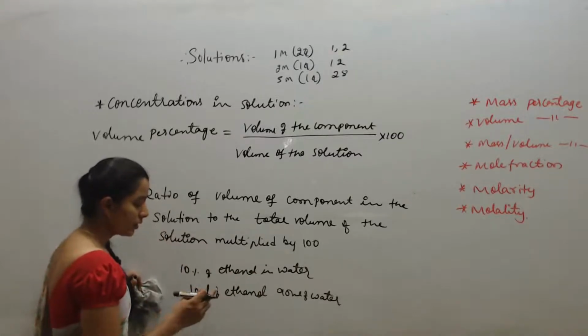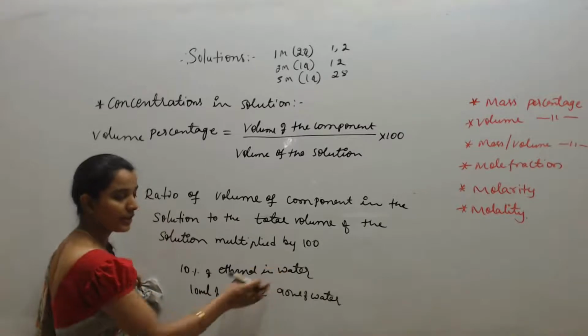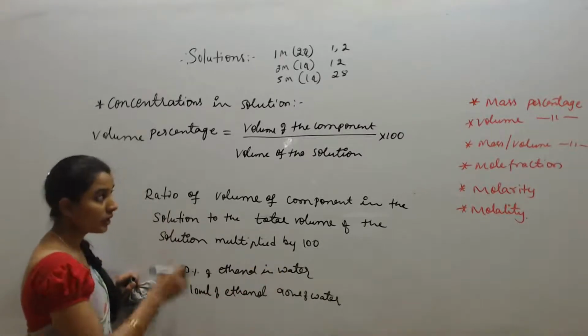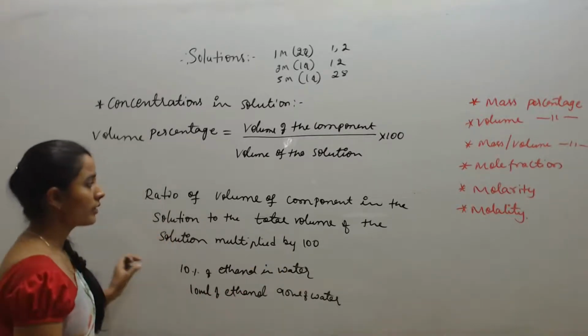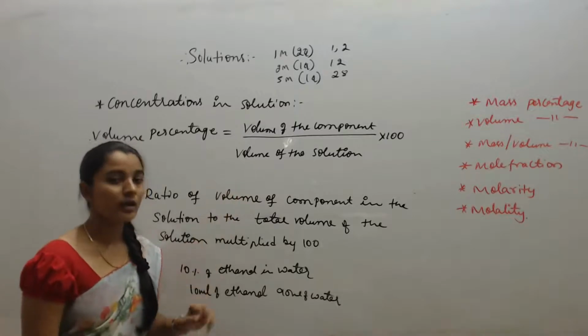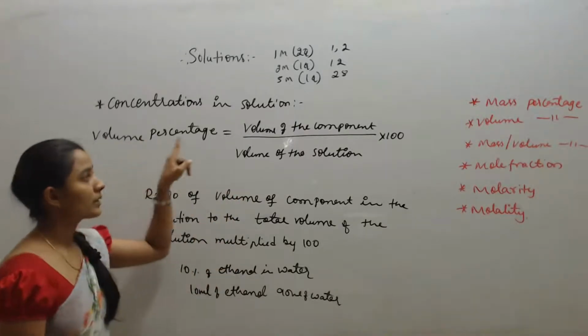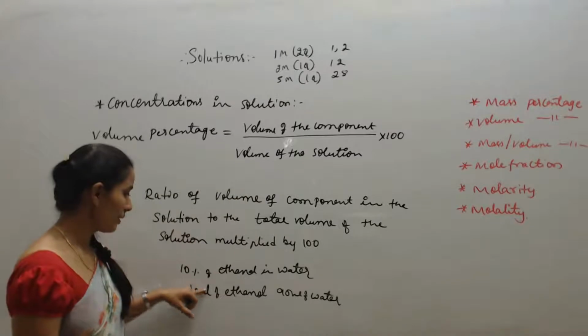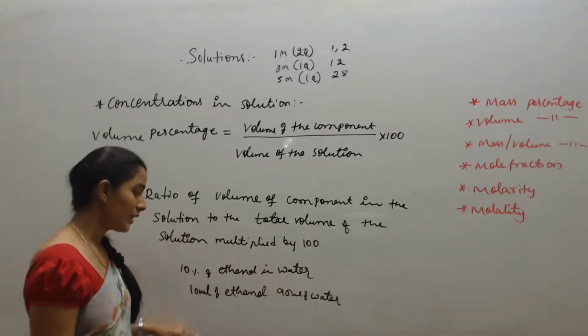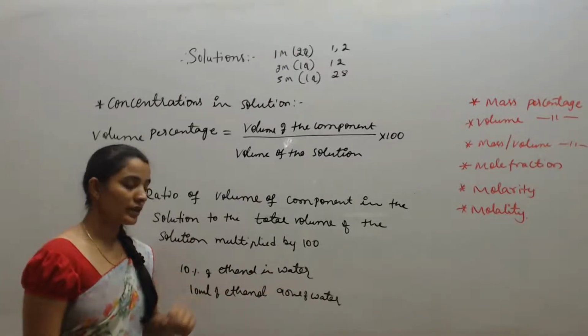The 10 ml is ethanol, the remaining is water. The total volume of the solution is 100. That gives the volume percentage. This is the example: 10% of ethanol in water means 10 ml of ethanol dissolved in 90 ml of water.